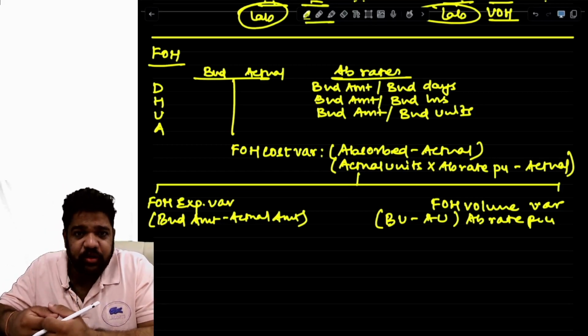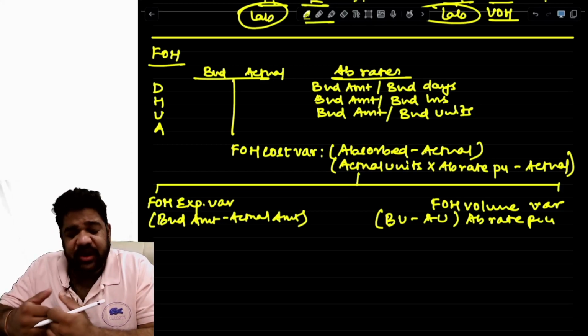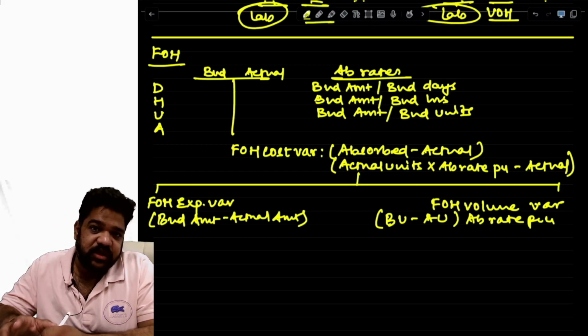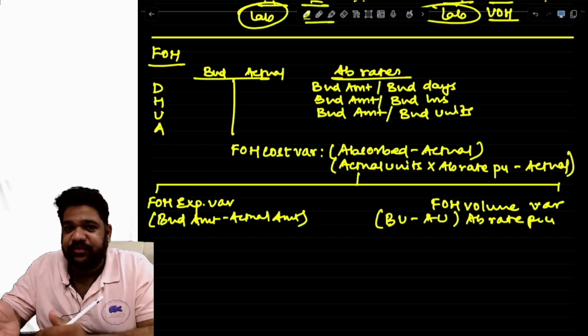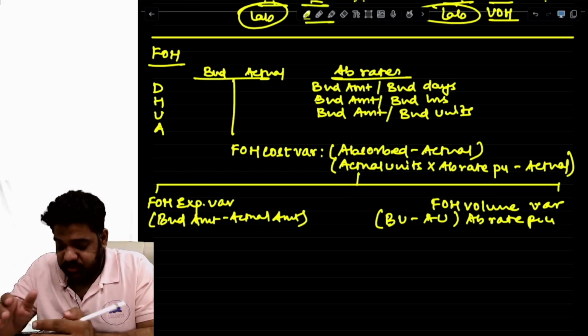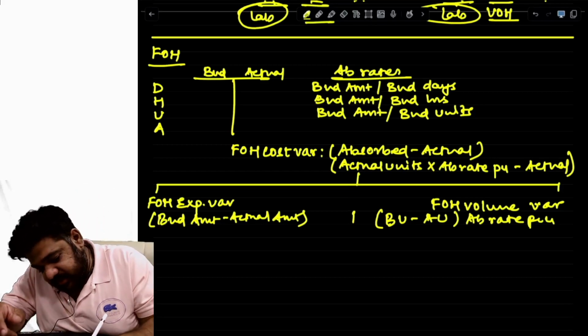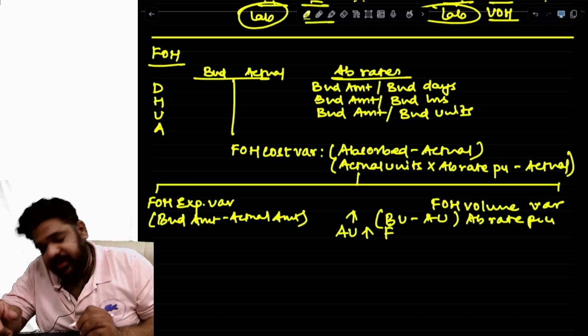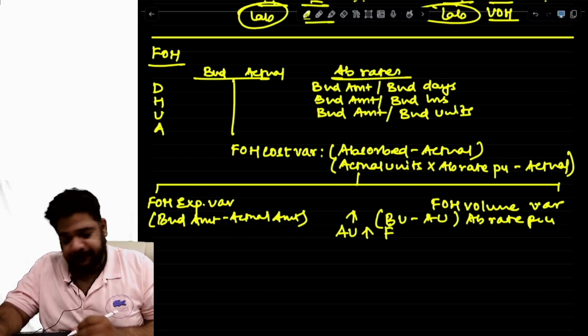If you are having lesser number of units in the same cost, then it becomes adverse. More number of units favorable, lesser number of units adverse. Are we clear? If the actual units are more, then favorable. Are you understanding?